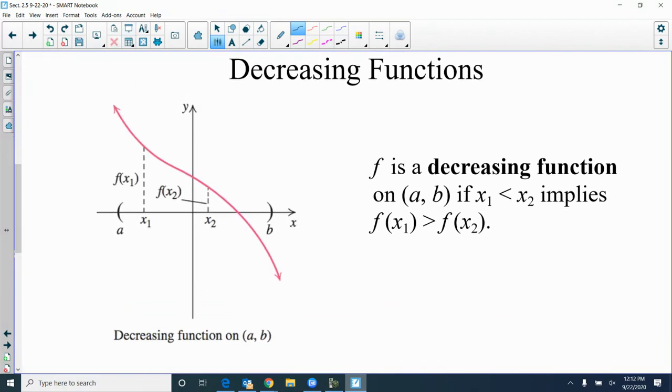Going down from left to right, decreasing, downhill. And for that case, when your x1 is on the left, its value when you plug it into f has to be greater than the value of f of x2. So that should go in that line at the top above there.